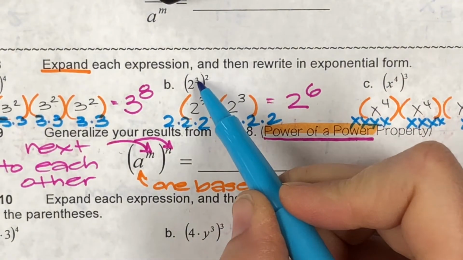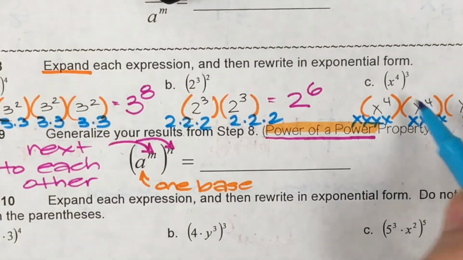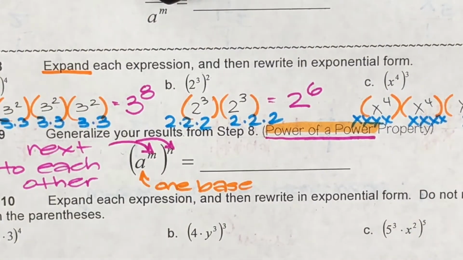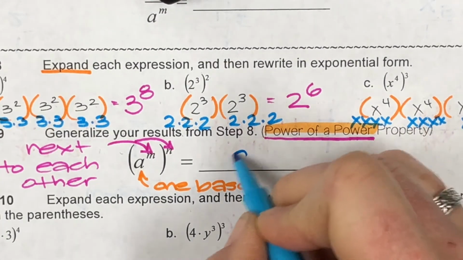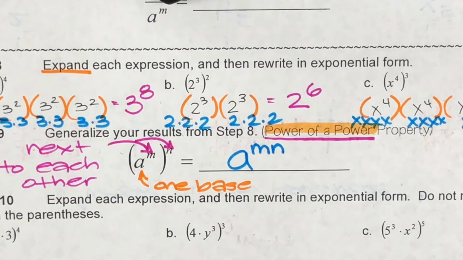What's 2 times 3? Oh, it's 6. 4 times 3? Oh, it's 12. That's how we got 12. All you have to do is multiply when you have a power of a power. All right, that's today's second lesson. So we're dividing and multiplying today. All right, so try step 10.